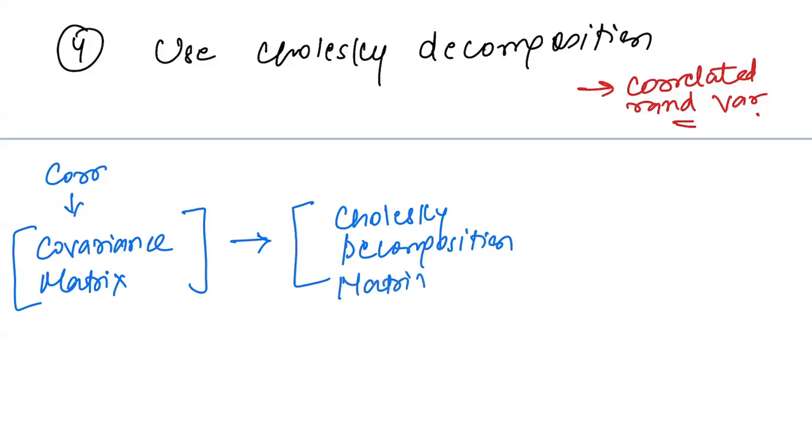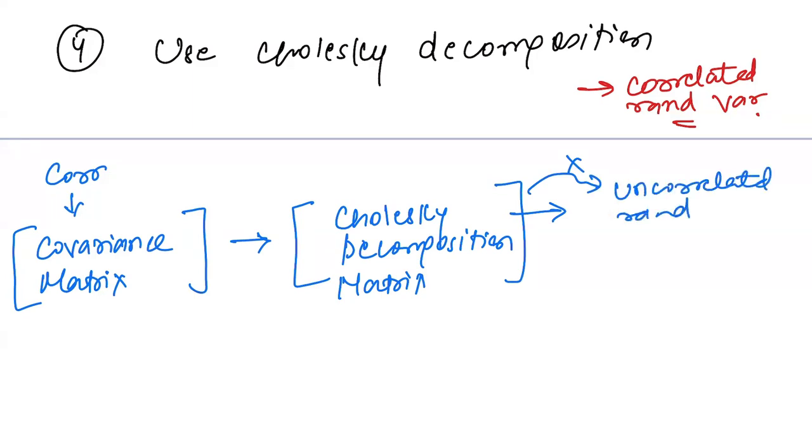Once we generate the Cholesky decomposition matrix, we'll multiply this matrix with the uncorrelated random variable to generate correlated random variable. So this is the process.